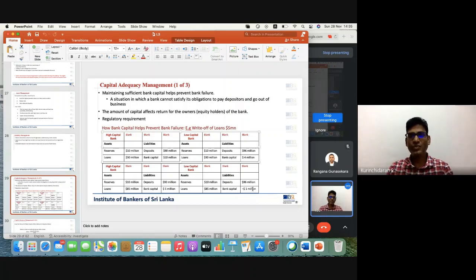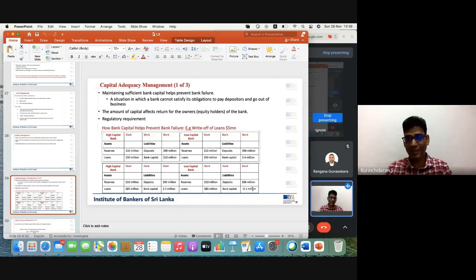If you have negative capital, they are not going to do business with you unless there's a guarantee that if something happens to this bank, someone would look after it. For example, if it is a state bank and the law says it's 100% guaranteed by the state, then nobody worries about negative, high or low capital.